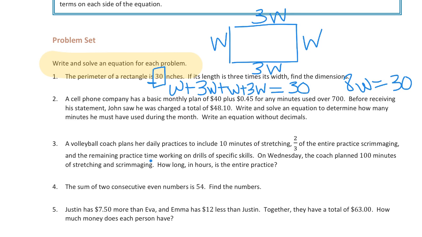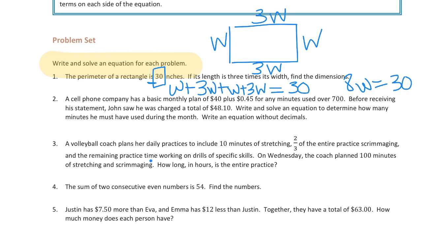A volleyball coach plans her daily practices to include 10 minutes of stretching, 2/3 of the entire practice scrimmaging, and the remaining practice time to work on drills of specific skills. On Wednesday, the coach planned 100 minutes of stretching and scrimmaging.